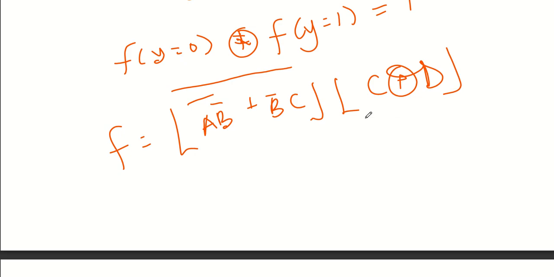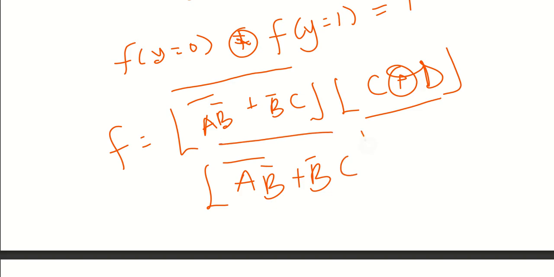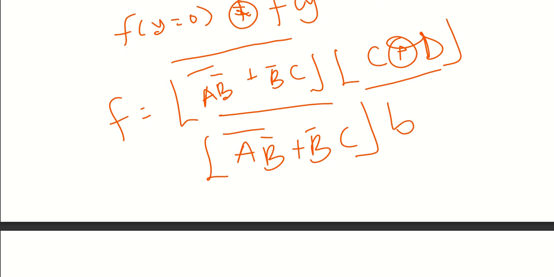So all of these things here can be represented by small letter b. So we can still have a b bar plus b bar c, all bar multiplying small letter b, because it's actually the same function and nothing has changed.